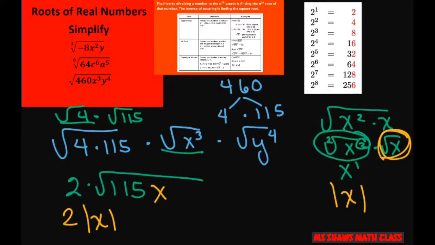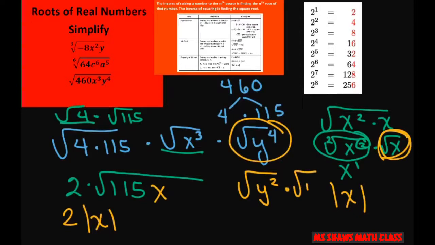Now this one, we're going to have the square root of y to the fourth. So that's the square root of y squared times the square root of y squared, which gives you y times y, which is y squared.